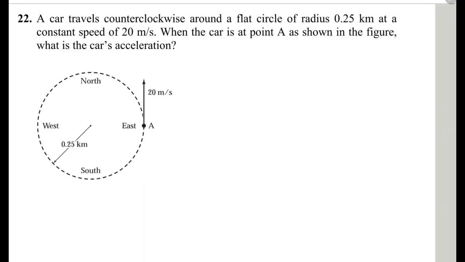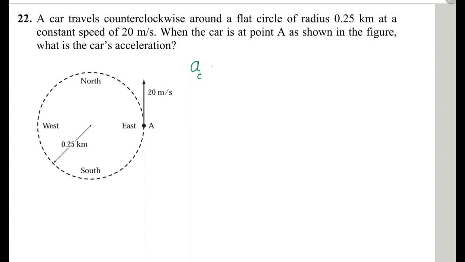A car travels counterclockwise around a flat circle of radius 0.25 kilometers at a constant speed of 20 meters per second. When the car is at a point A, as shown in the figure, what is the car's acceleration? Now, we only have central acceleration because it's constant speed, which means no tangential acceleration.